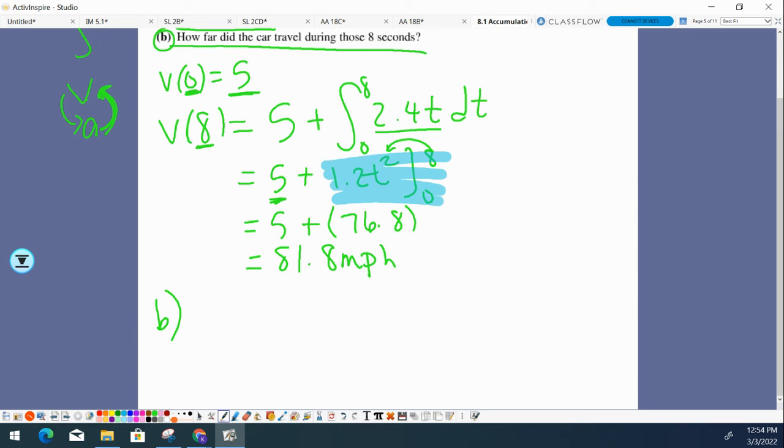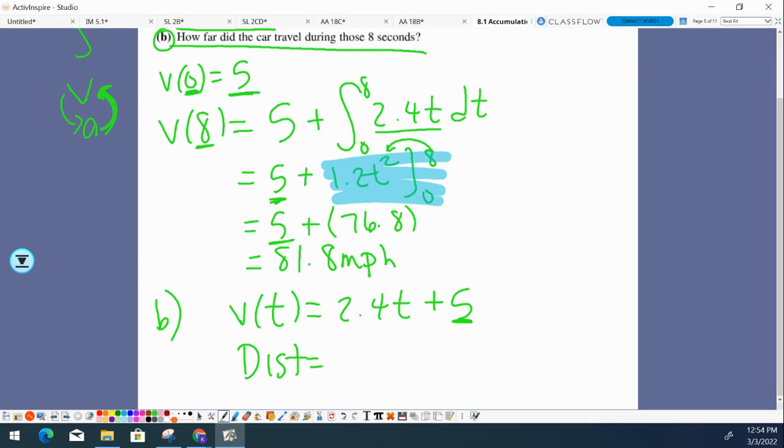So now if you think about our velocity function, because this initial velocity here, we can take our acceleration function, 2.4t, and add on, that's like our constant, plus c. We can use this now to go backwards to distance.